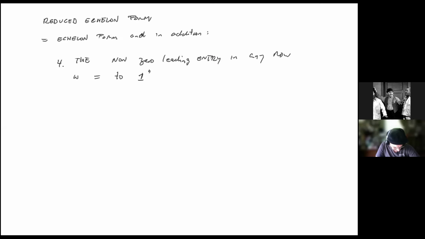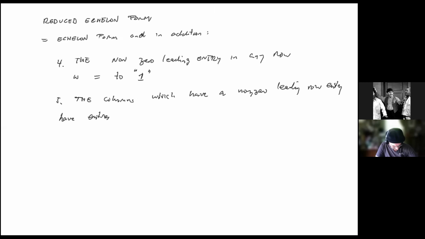in the columns which have a non-zero leading row entry have entries which are 0 except for that leading entry. This is really poorly stated.